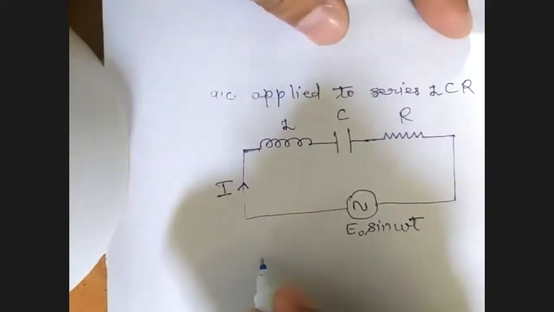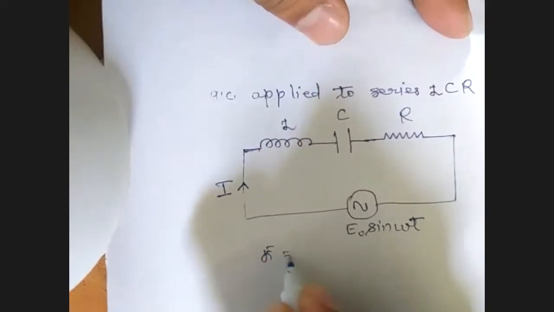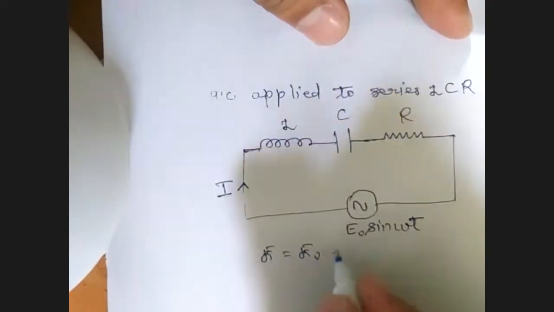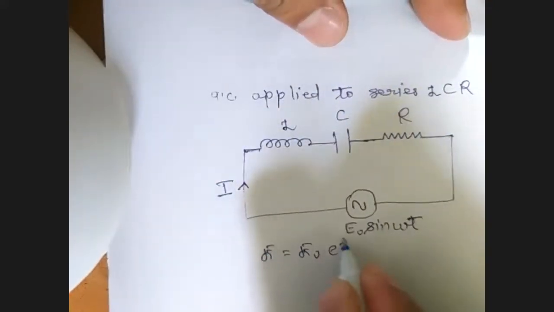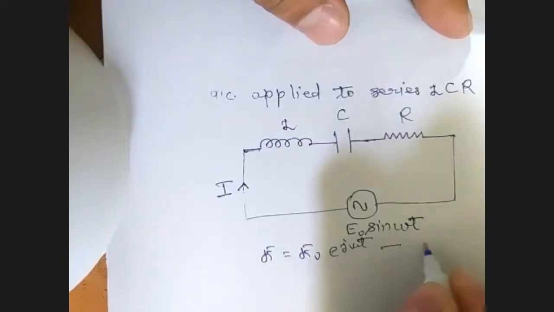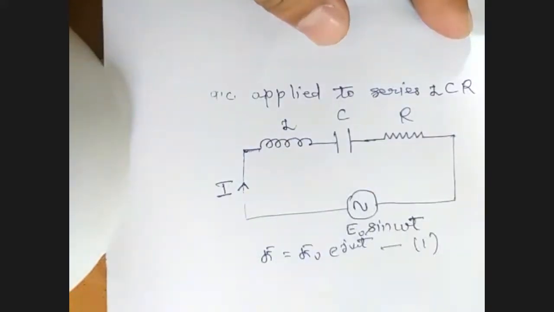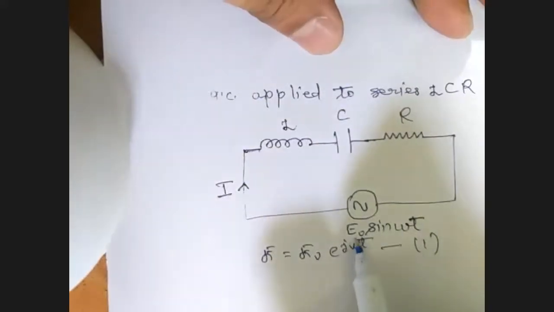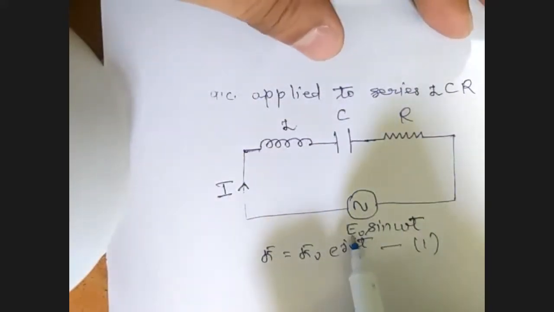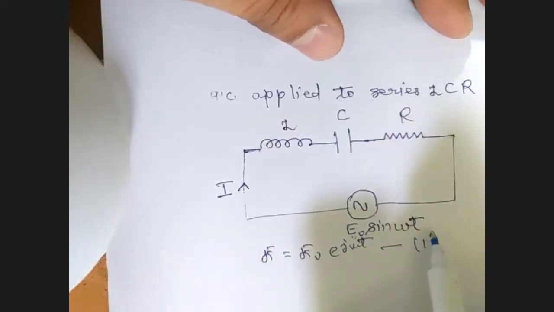And yes, consider E equal to E0 e to the power j omega t. This is our equation 1. Imaginary part of this equation, that is equation number 1, represents AC signal. Means what does it represent? It represents E0 sine omega t.